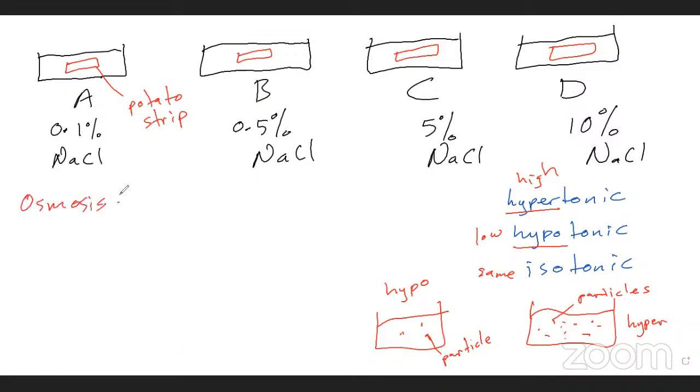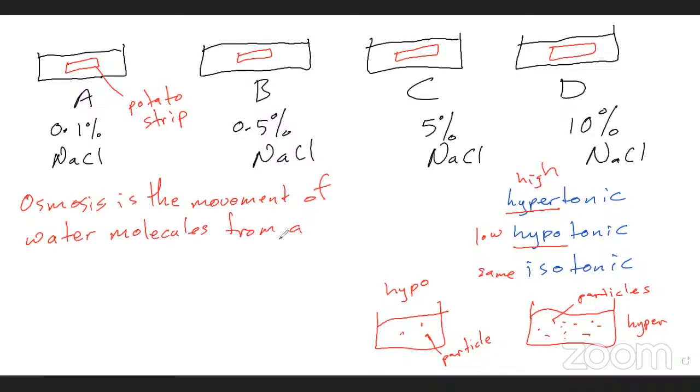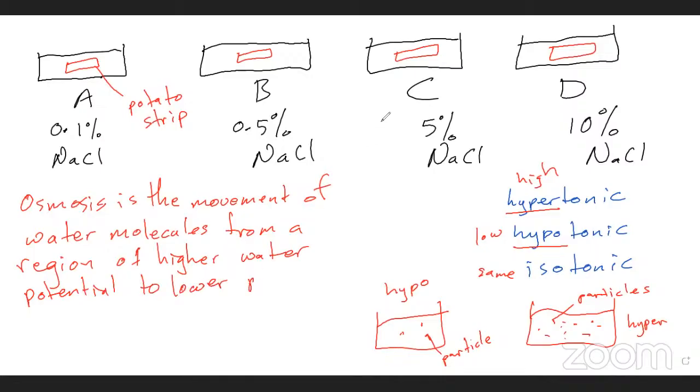So as I said, osmosis is the movement from a region of higher water potential to lower water potential.